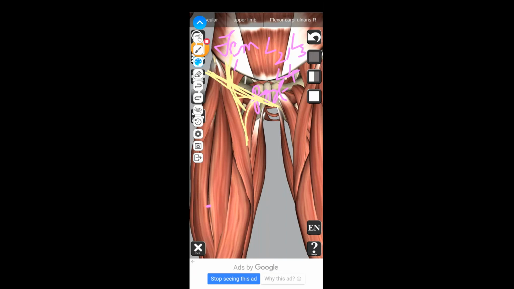When it is passing on the iliacus, the femoral nerve will supply the iliacus. First it will supply the iliacus, then it will come below, enter the thigh from below the inguinal ligament, and enter the femoral triangle.